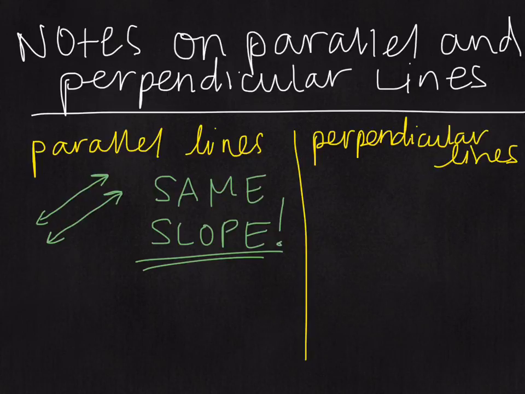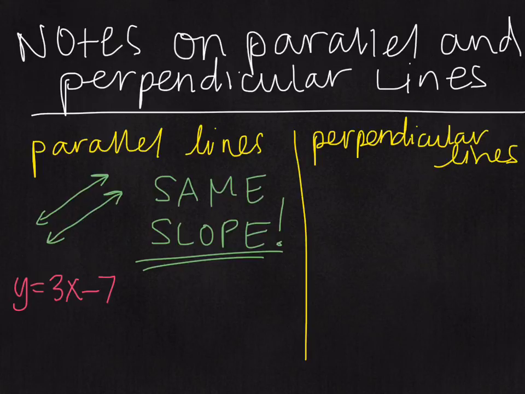So for instance, if we have the equation y equals 3x minus 7, I want to know what is the slope of a line that is parallel to this line.